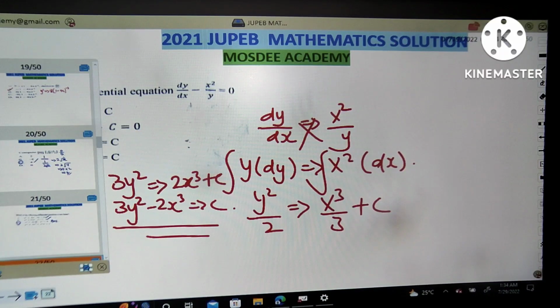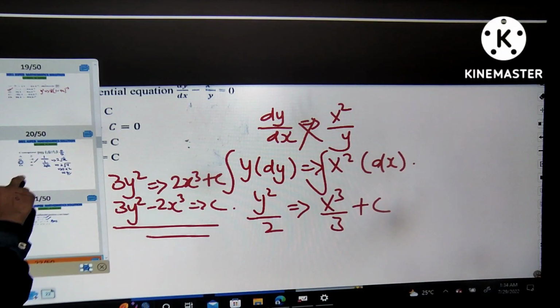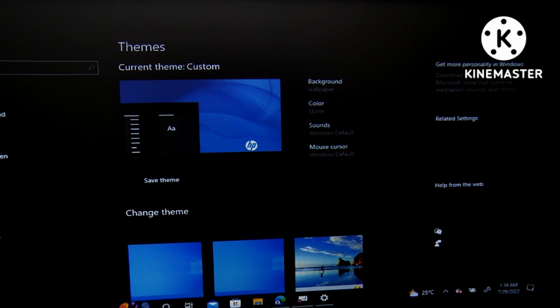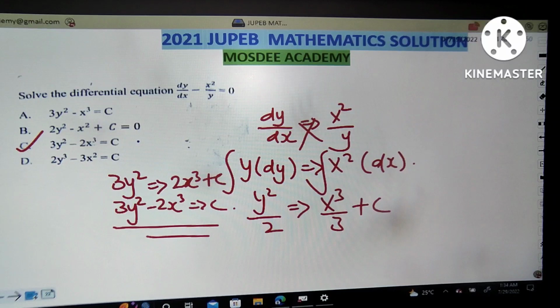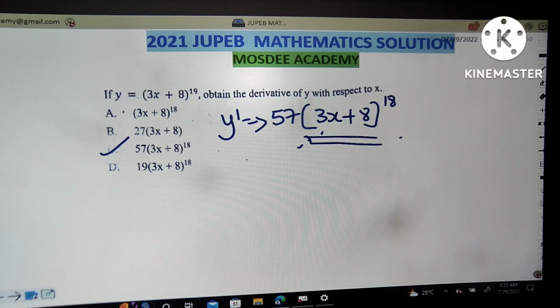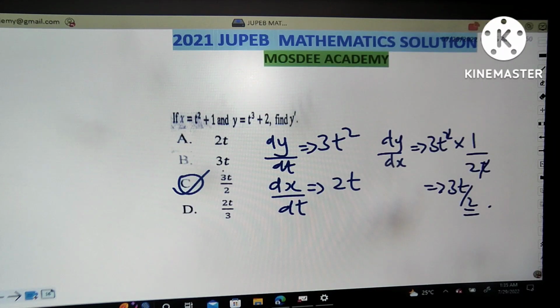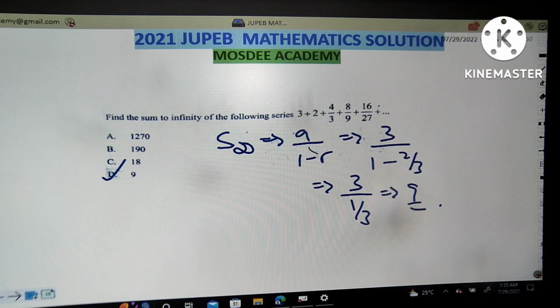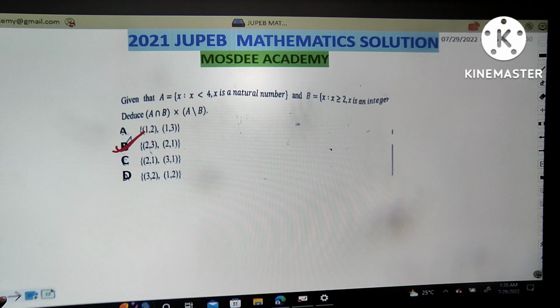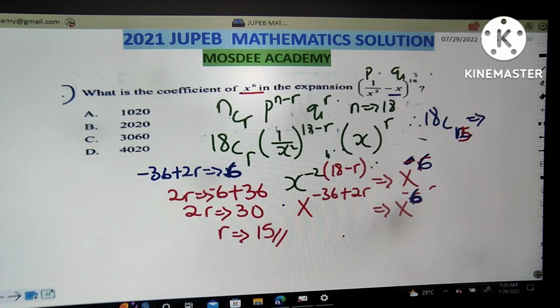Let's just wait. It's 22. I think it's just a matter of time. 19, 18, 17, 16, 15, 14. Just want to do it for the last time. That's it. Not for anything. Just for us to know that.